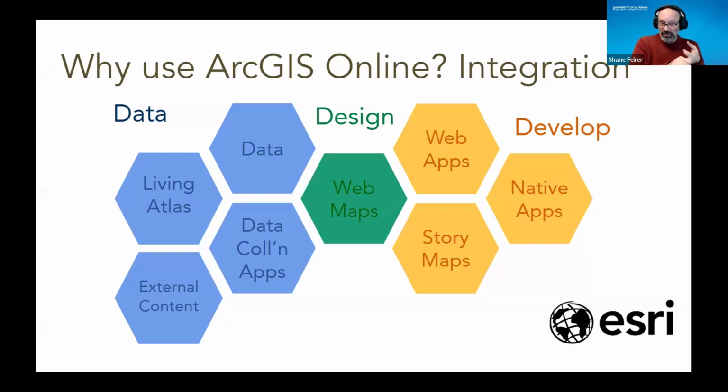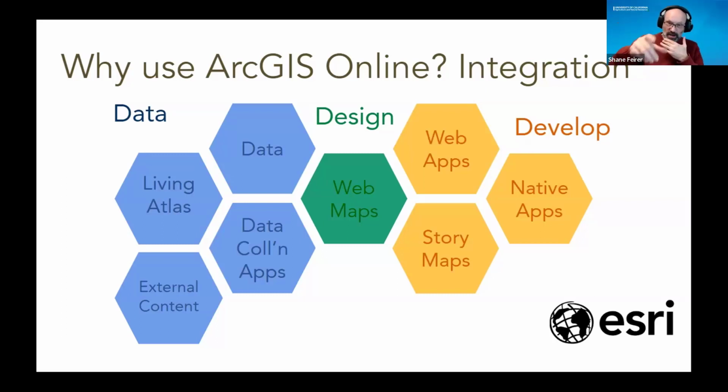There's a bunch of different things you can do. You can also build data collection apps and get data from your citizen scientists or from other people you work with. And then once you have that data, you can bring it into the middle hexagon here in web maps, and you can style it, make it look really nice. And then you can create a web app and share it with everyone.